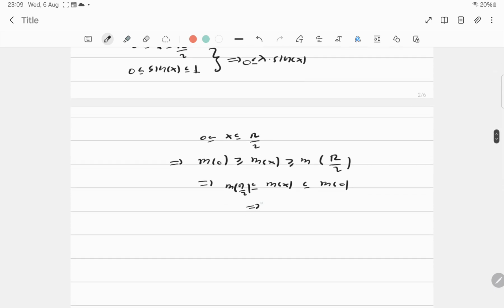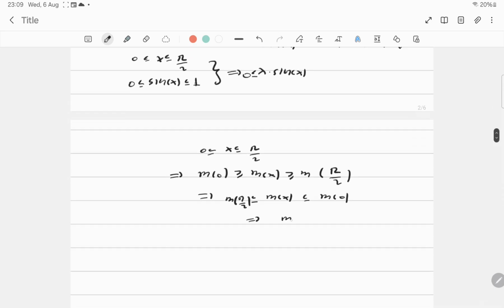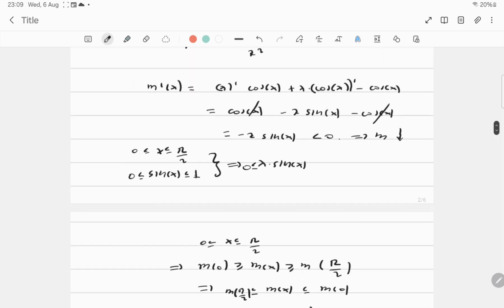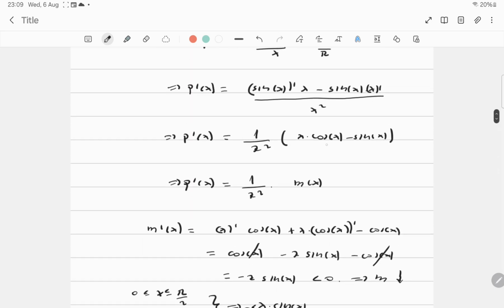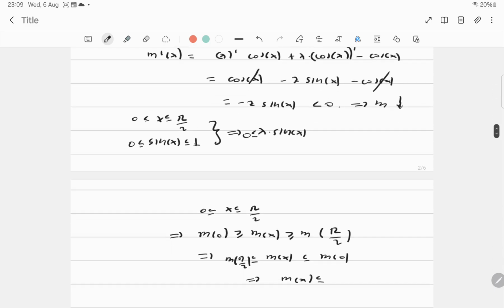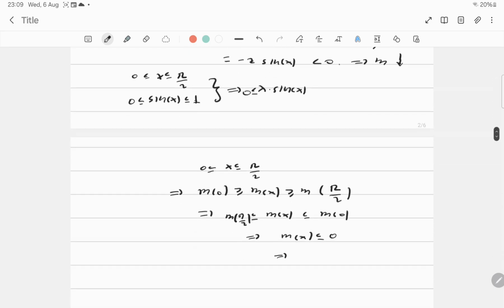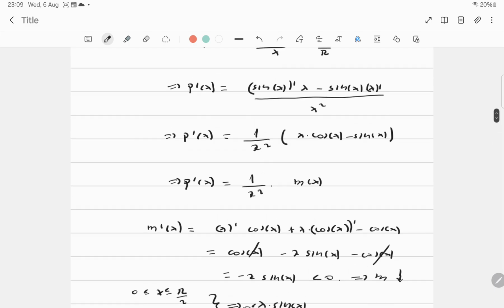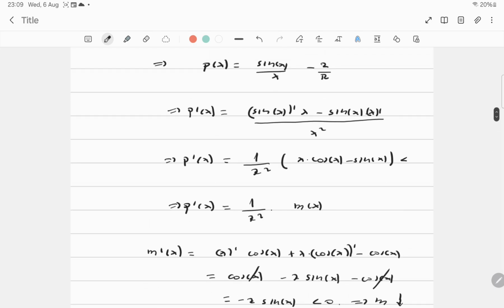The m of x is less than or equal to m of 0, which is 0. So that is negative. So I go back here. This whole thing is less than 0. So from here, p is a monotonically decreasing function for every x in 0 to pi over 2.